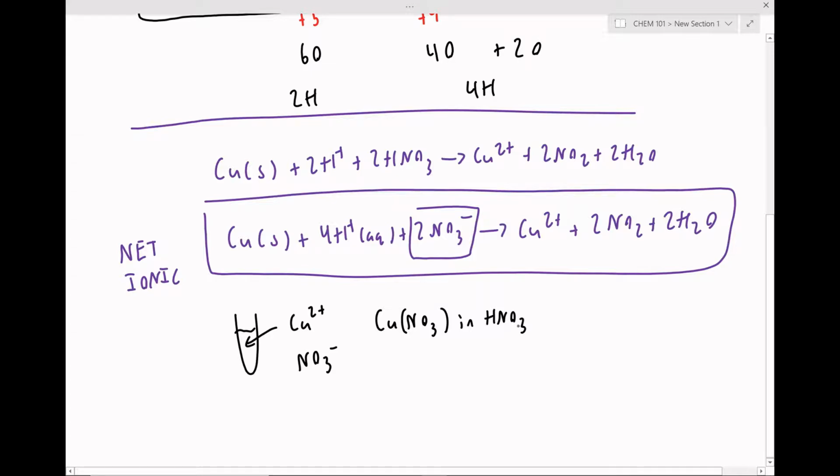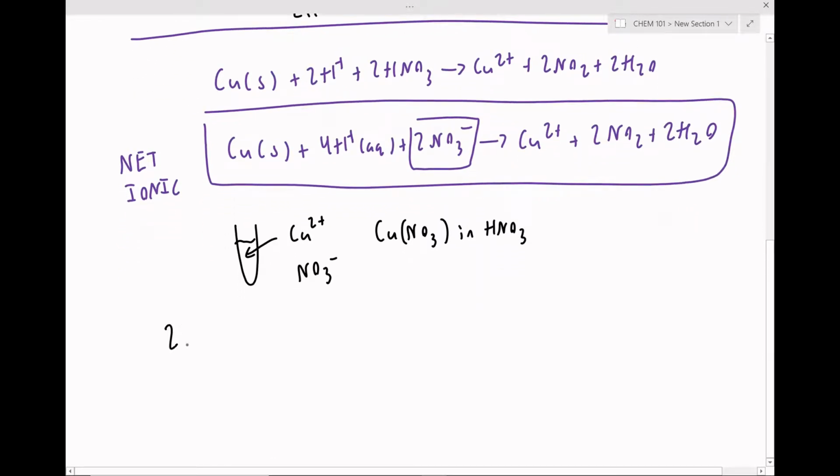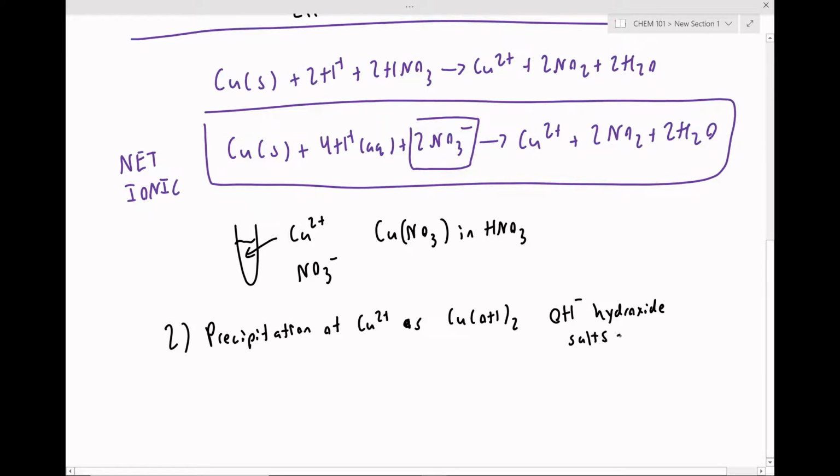Now, in order to precipitate out our copper, the next reaction in this sequence is precipitation of copper 2 plus as copper hydroxide. So a common way of separating metal ions from solution is to generate a hydroxide. So OH minus or hydroxide salts are generally insoluble.